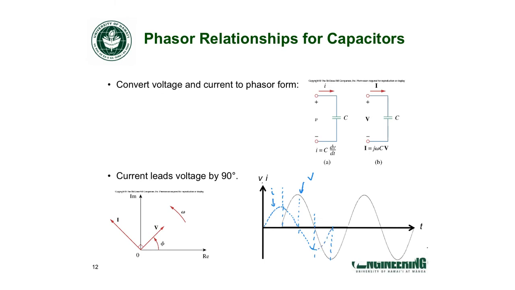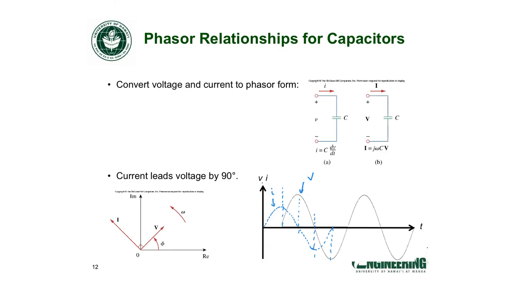Okay, so that's a cycle of the current and voltage for the capacitor. So when my voltage is at a maximum, there's no current through the capacitor. When the current's at a maximum, there's no voltage across the capacitor.